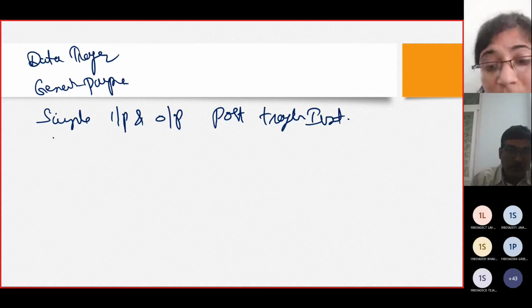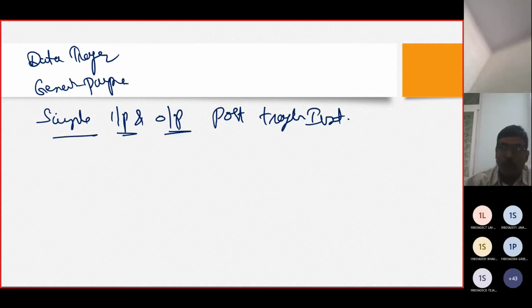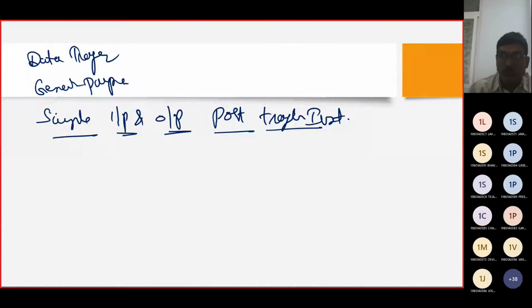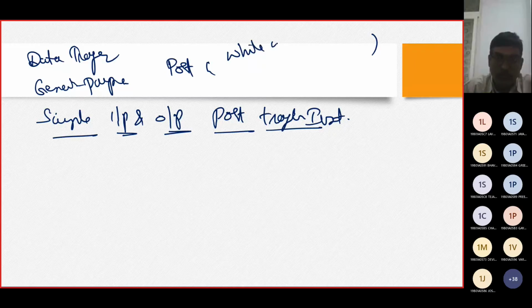We mentioned that a port is a component we discussed earlier, which links the I/O devices.